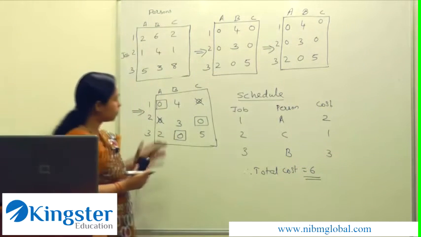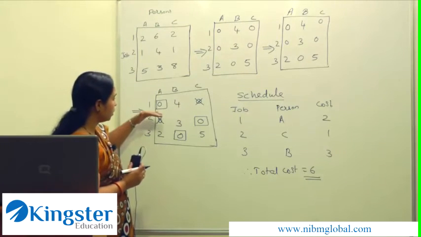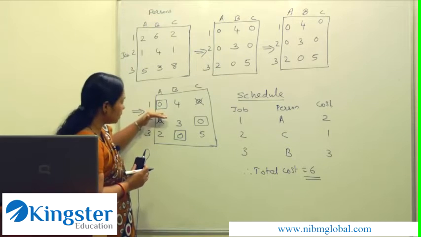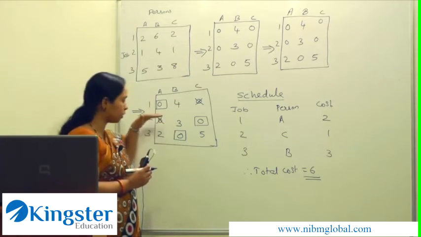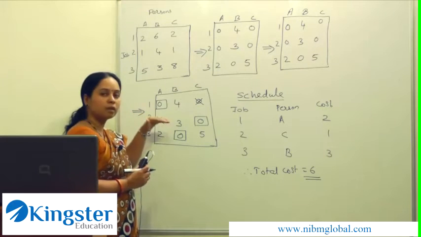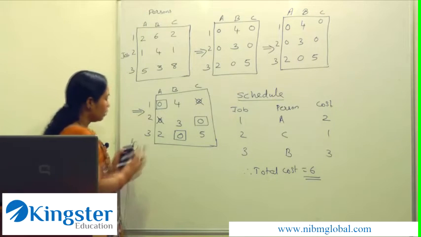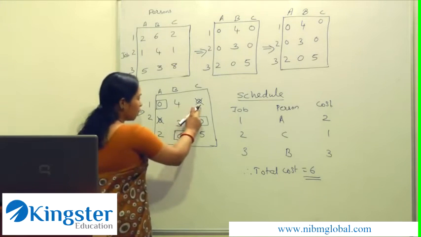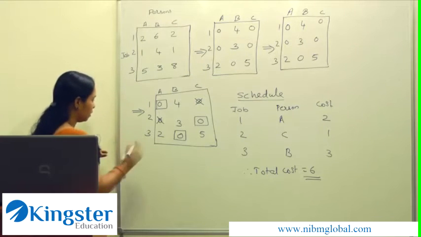So the main difference between this problem and the previous one is that here we have to give assignments in such a way that if we have more than one zero left in a particular row, we can give an assignment arbitrarily. Now, if we select this zero for assignment, we get a different solution. Let us see.